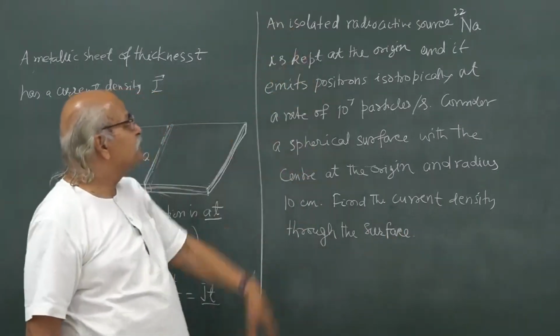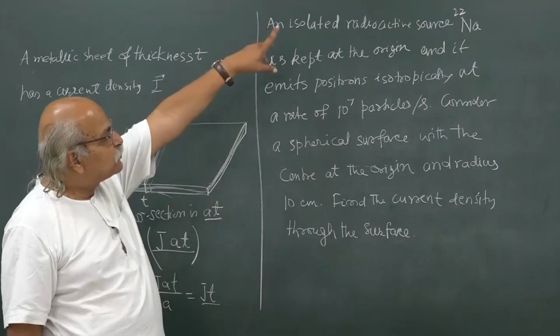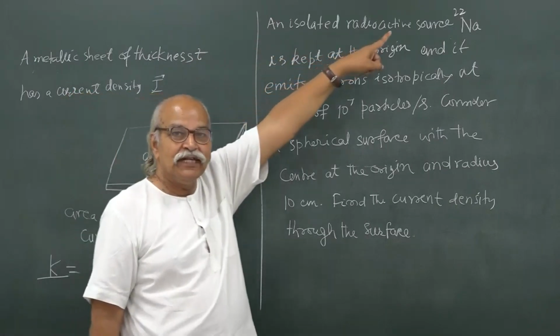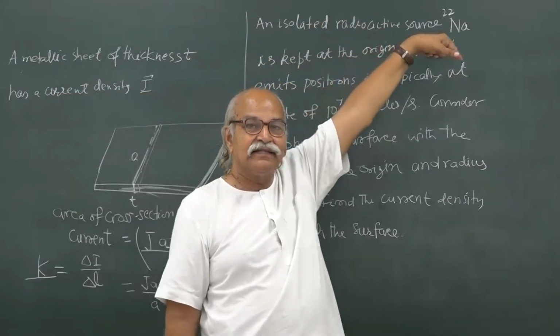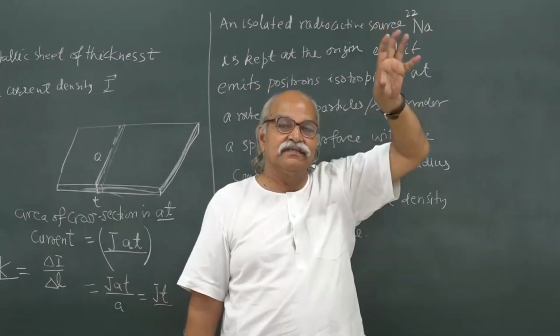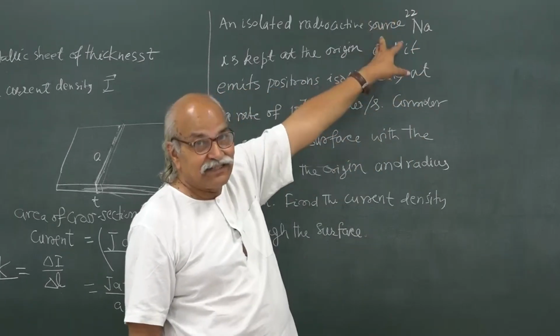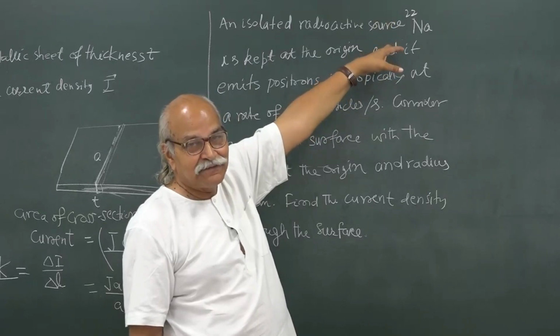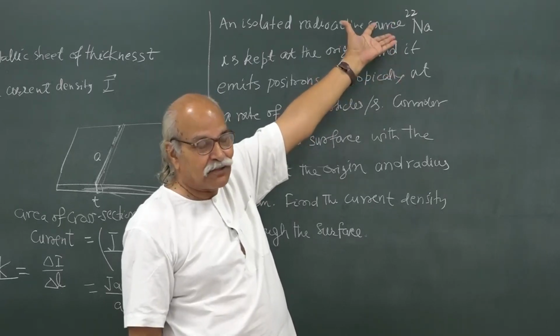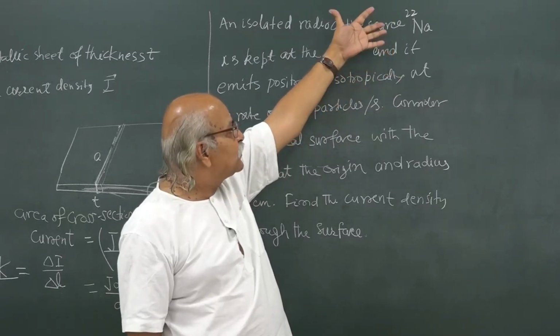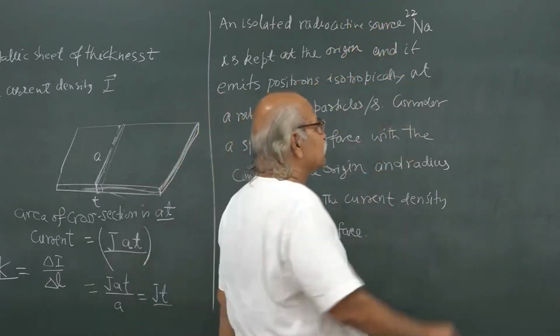So what is all this? You have a radioactive source, sodium 22. Sodium in general has mass number 23, with 11 protons and 12 neutrons. But if you make sodium 22, it decays.